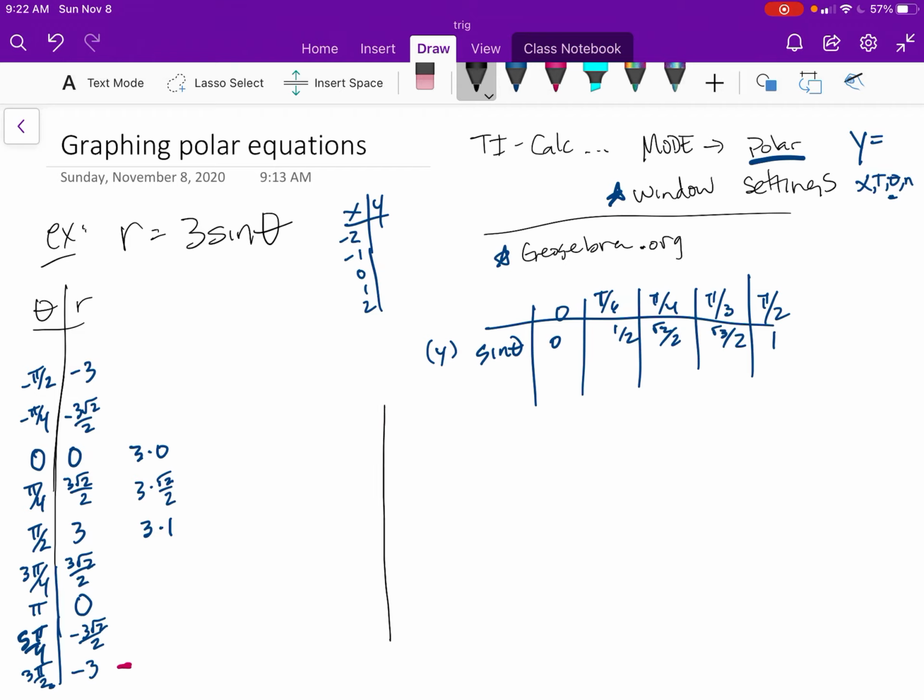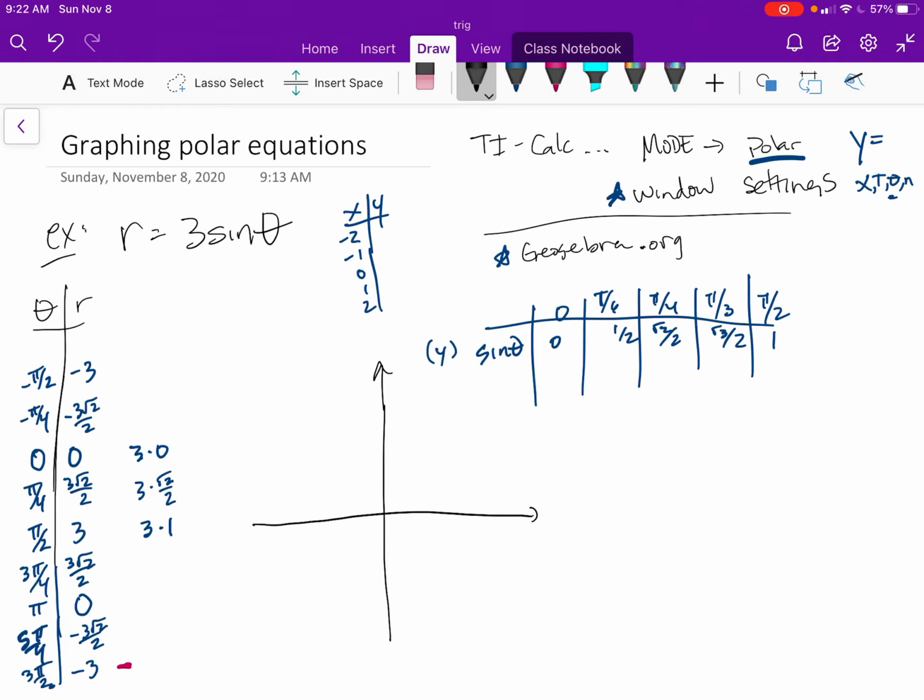I'm going to draw just this xy. I think I remember what this graph looks like, but visualizing all these thetas and r's is a lot more challenging than x and y. So I don't know where we're going to end, is my point.